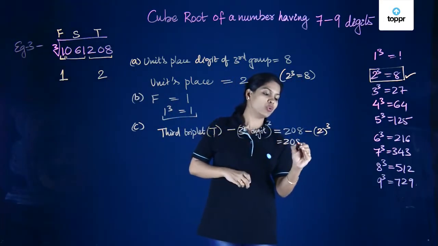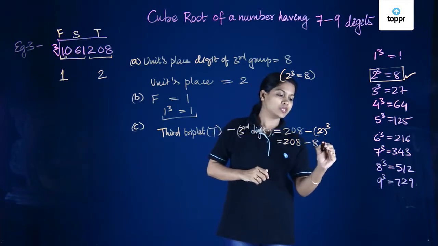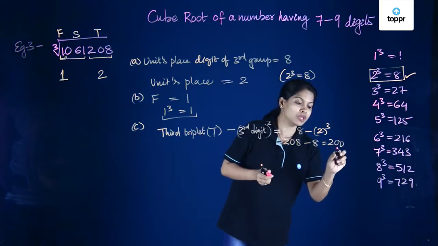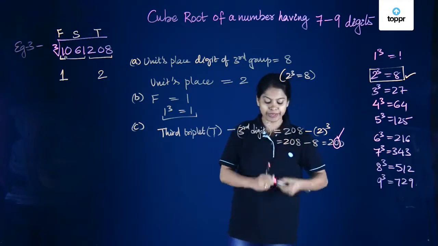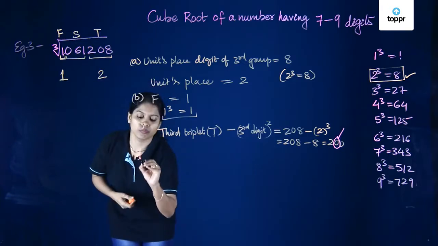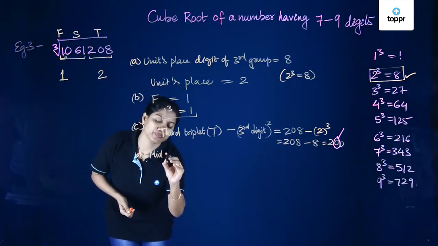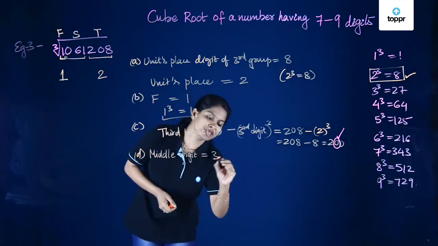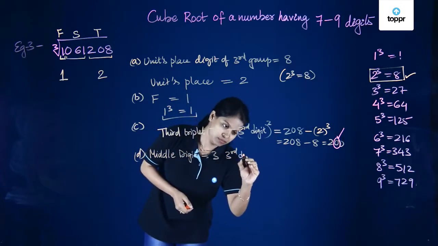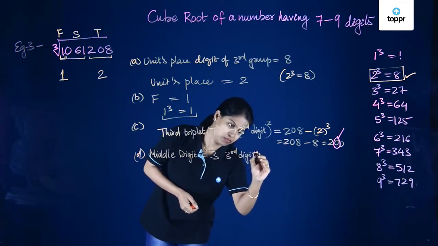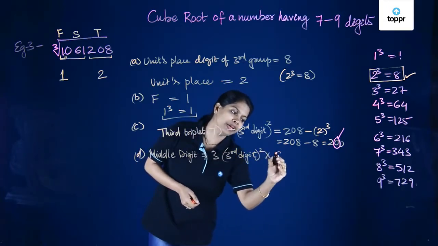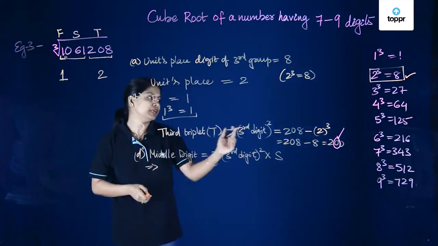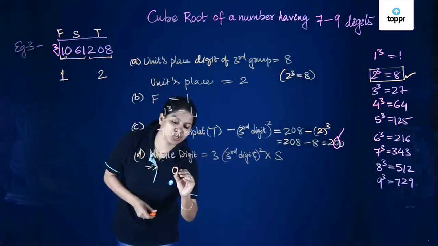So we have 208 minus 8, that's equal to 200. Now in 200, what we want is the middle digit. So we choose the middle digit and equate it to 3 times third digit square, and multiply it by s, where s stands for the middle digit. Now doing that, we have the middle digit there is 0.